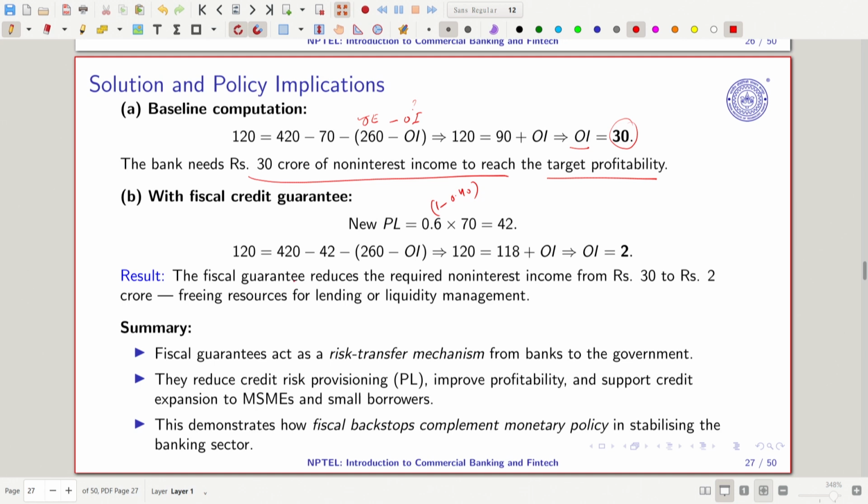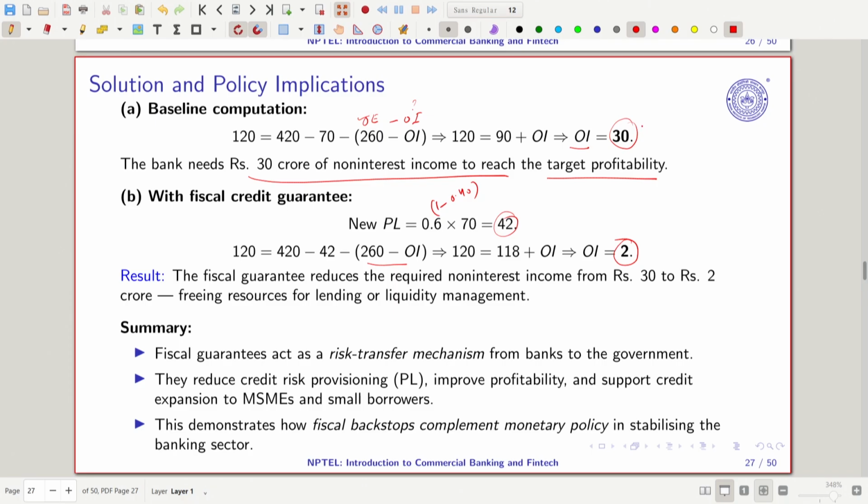Now you can see, if I just substitute 120 here, so 420 minus 42 that we got here, minus the burden that we are calculating here, so 260 minus OI, which is the non-interest income. You can see that we just need 2 crore rupees. So in the baseline computation, banks were required to have at least 30 crore rupees of non-interest income to meet the target of pre-tax net income.